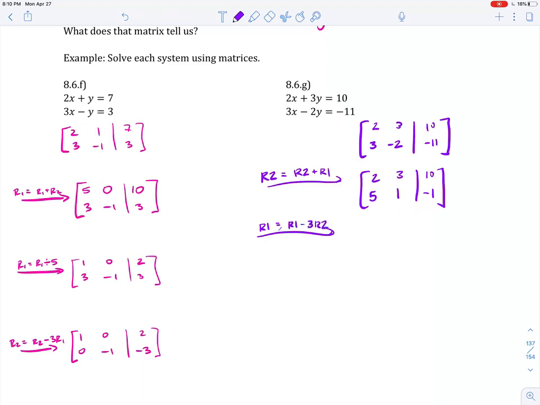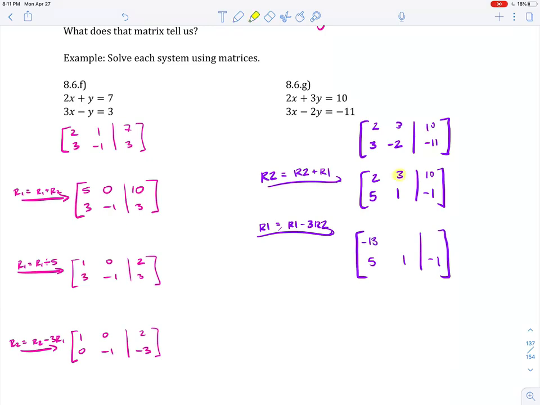So my row 2 is going to stay the same. My row 1 is the one that's going to be doing the changing. And here I'm going to take row 1 and subtract 3 of my row 2s. Okay. So row 2 stays all the same, but row 1 is going to be disappearing here.